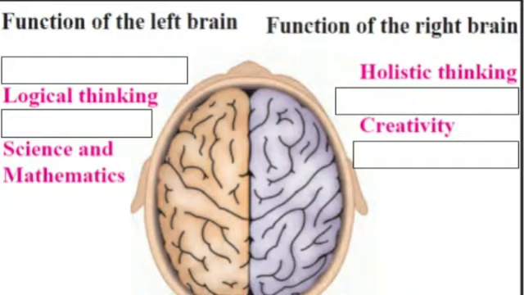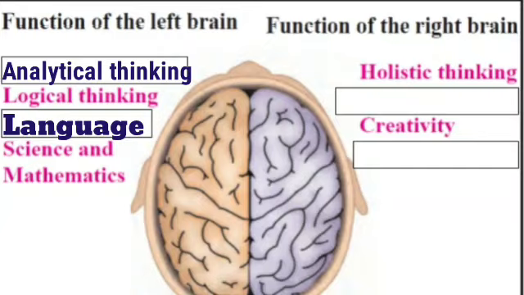Next, they had given us in that question the diagram of the brain and we have to write the function of the left brain and the function of the right brain. Let us see the function of the left brain. The first function is analytical thinking. Second function is logical thinking. Third function is language.